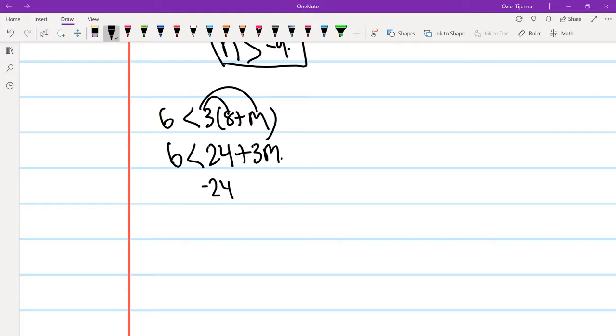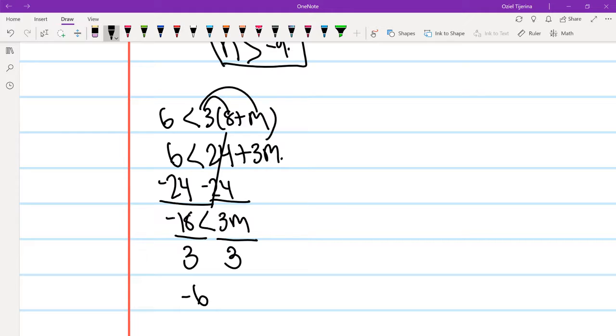You subtract 24 on each side, so it's negative 18 is less than 3m. Divide by 3 and you get negative 6 is less than m, and you have to flip that over, so m is greater than negative 6.